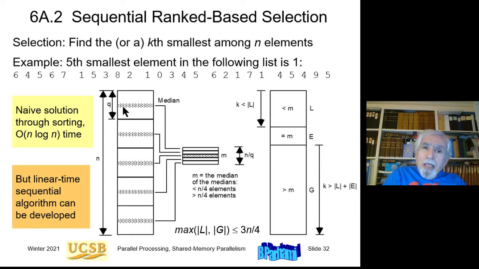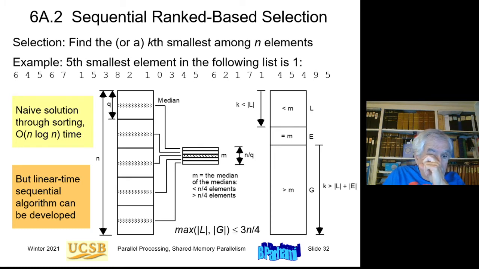Within each of these sublists, find its median. So if q is equal to 5, then find the third smallest, or the third largest, doesn't matter. And because the size of each of these lists is a constant, finding the median of that list takes a constant time.